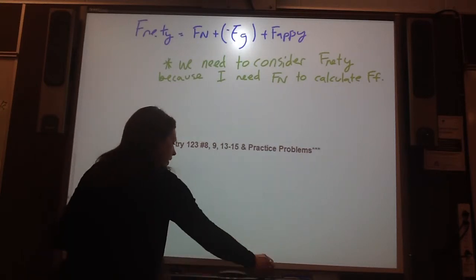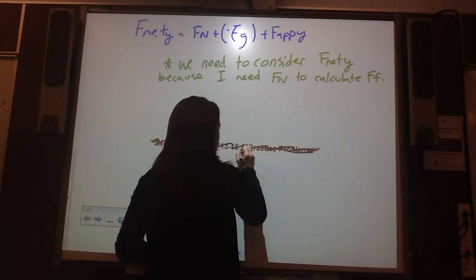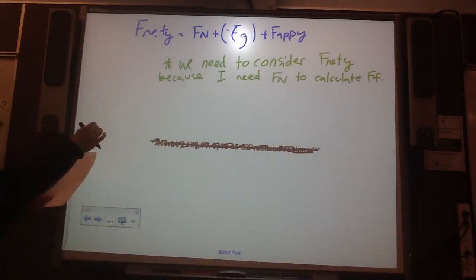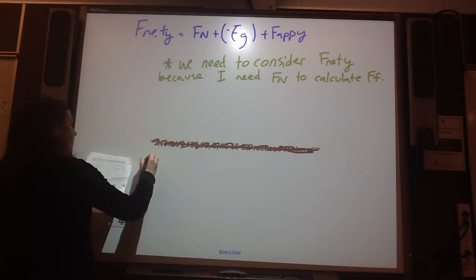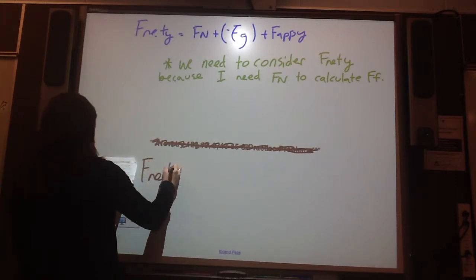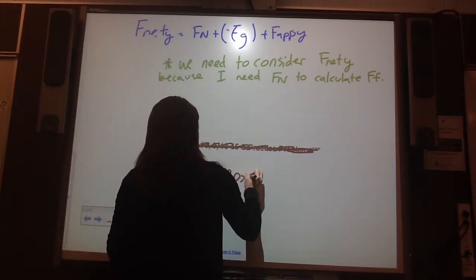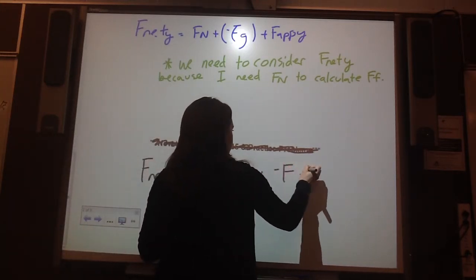So I'll just give you the big picture. Perhaps I should have started with this. You guys can let me know. Because overall, this is what we're trying to find. F net x is equal to F_app x plus negative Ff.